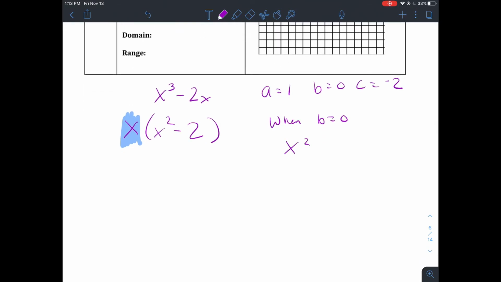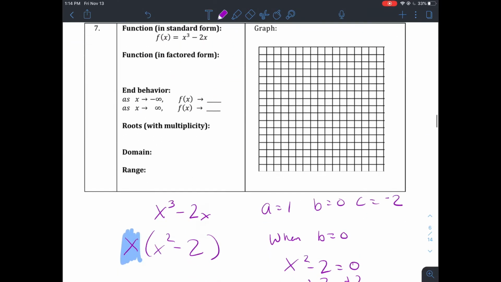So if I do x squared minus 2 equals 0, and you can only do this when b equals 0, when that middle term isn't there, you add 2, you get x squared equals 2, and you take the square root of both sides, you do plus minus, so you get x equals plus minus root 2. And that's it.